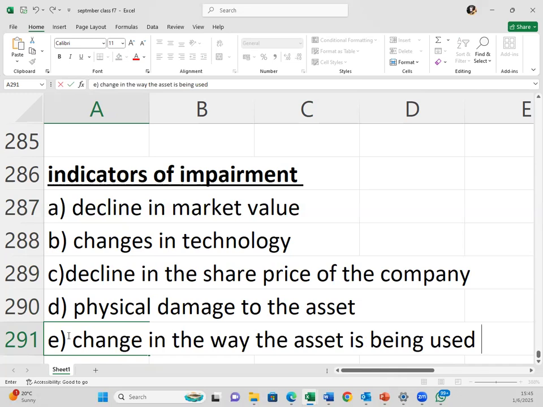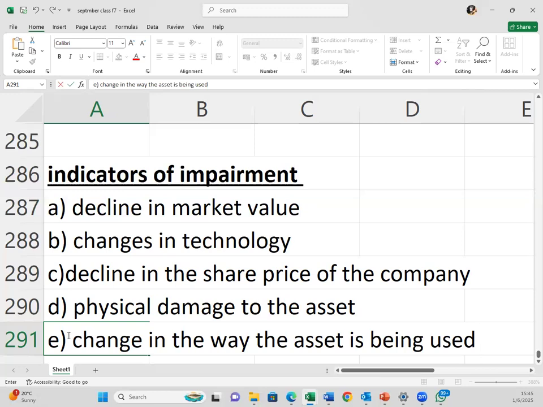So we used this vehicle for ferrying passengers to and from, and we were using it as a taxi, but now we're using it as a private vehicle. So that change in use might mean the benefit you initially expected from the vehicle as a taxi is not the same benefit you are likely to get when you're now using it as maybe a private vehicle.